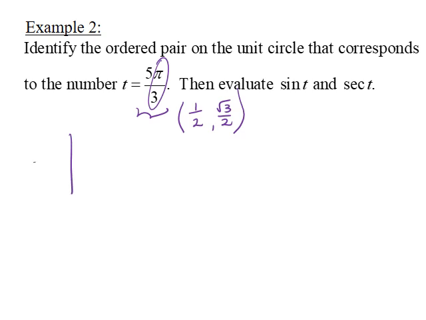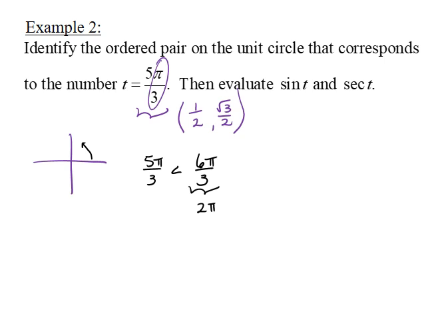So 5 pi over 3. If I'm talking about a revolution on the unit circle, it is positive, so I'm going to head in the counterclockwise direction. As I'm heading in that direction, I notice that 5 pi over 3 is not quite 6 pi over 3. It's less than that. And 6 pi over 3 is 2 pi, and I should know that 2 pi is one full revolution.